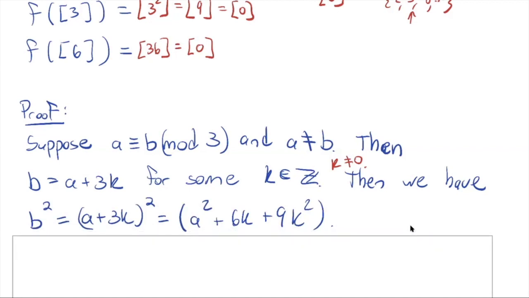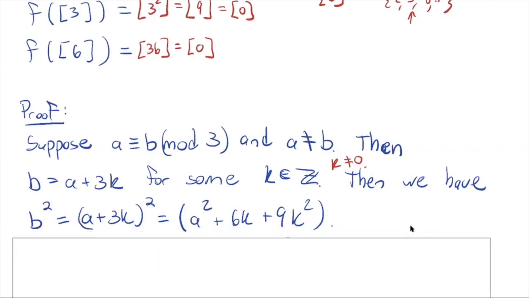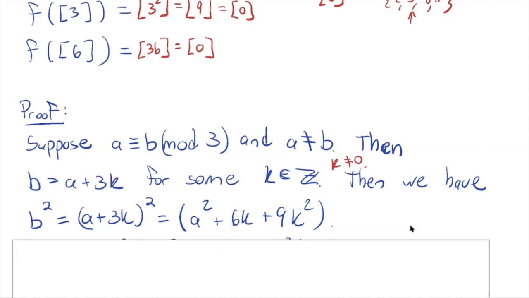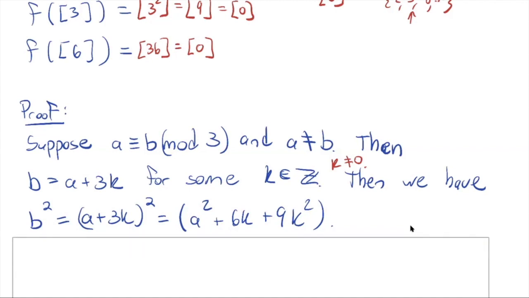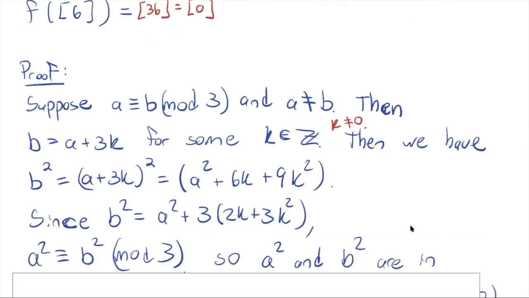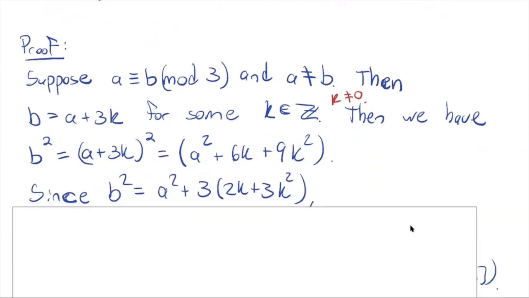So then let's see what would happen to B squared. B squared would be (A plus 3K) squared, which is A squared plus 6AK plus 9K squared, which we can write as A squared plus 3 times an integer, factoring a 3 out from each of these terms.